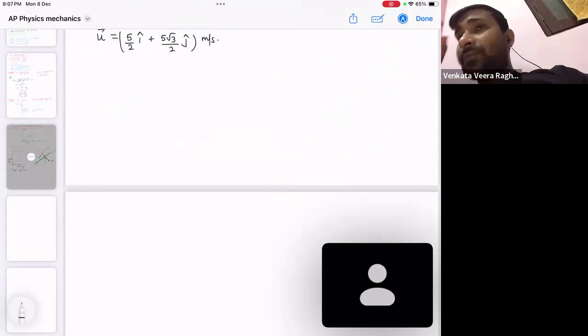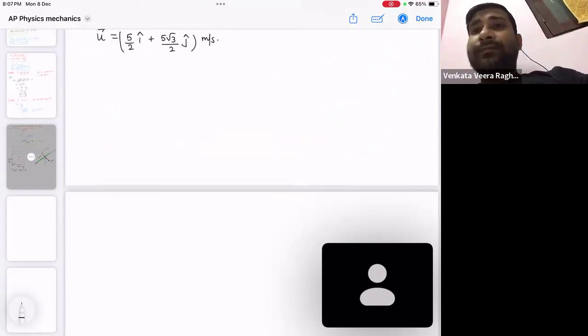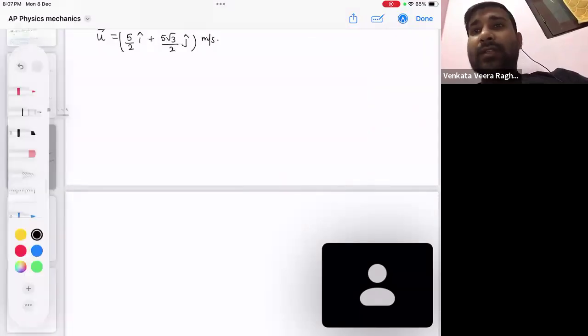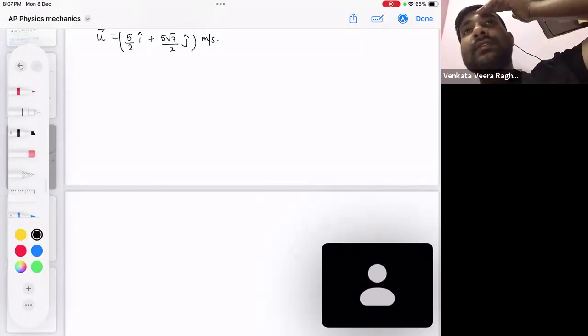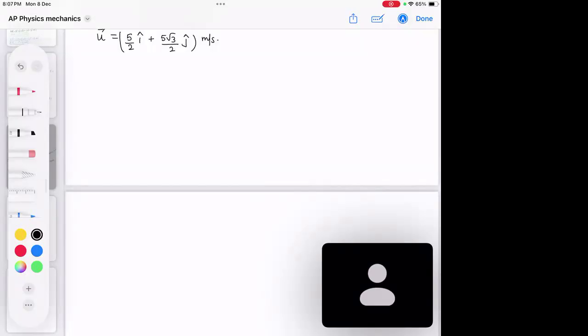Now tell me, what is the position vector? Let's start the kinematics part now. Should we start the dot product and cross product? We will discuss them when they are needed in the work energy chapter and the torque chapter.